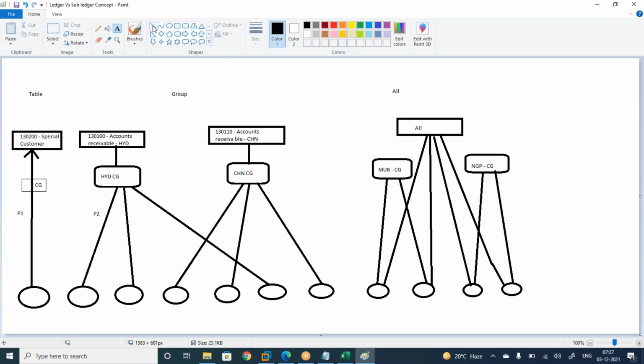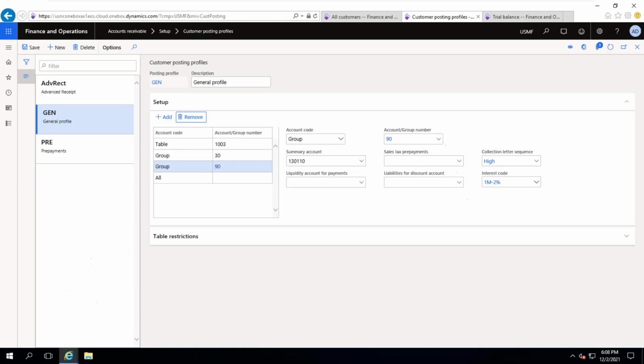Majority of clients map at group level transaction mapping. Very few map for a specific customer, and some map to all. As a best practice, you need to map each group wise.